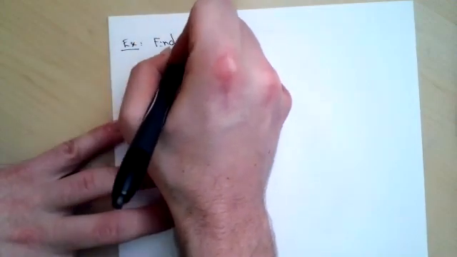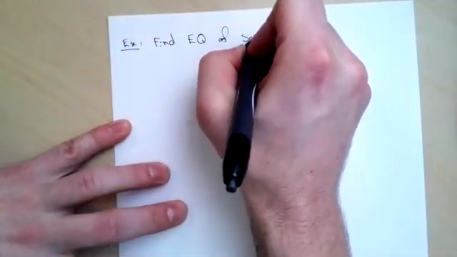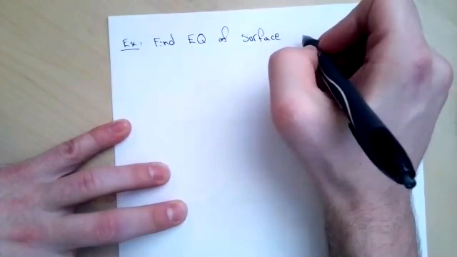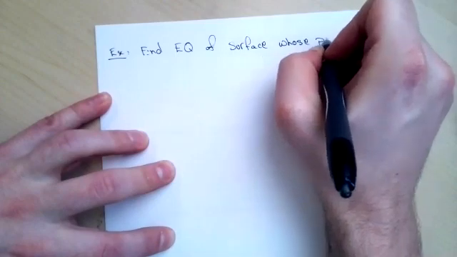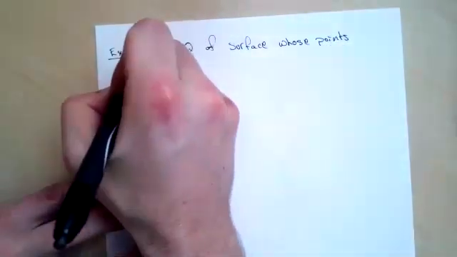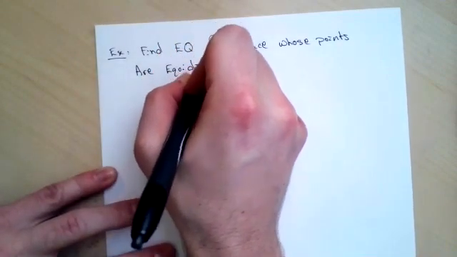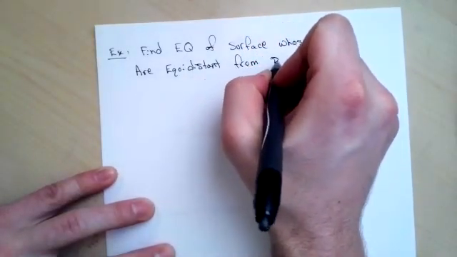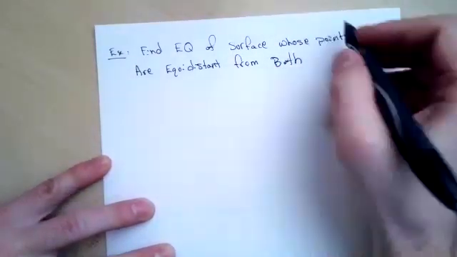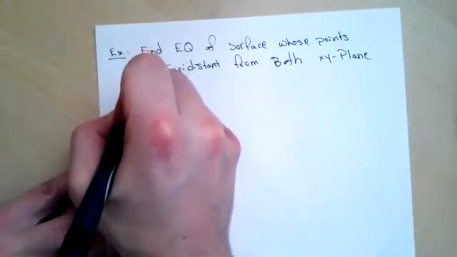So we want to find the equation of the surface whose points are equidistant from both the xy plane and the z-axis.